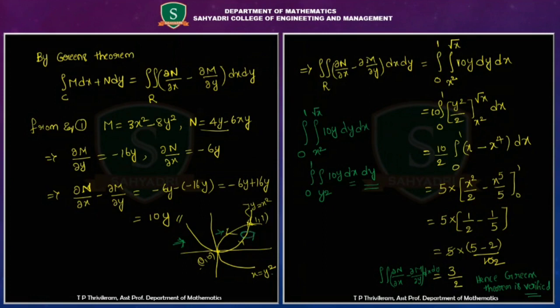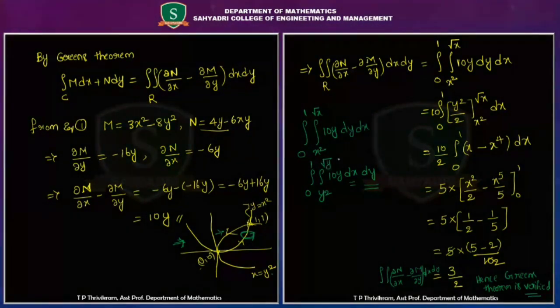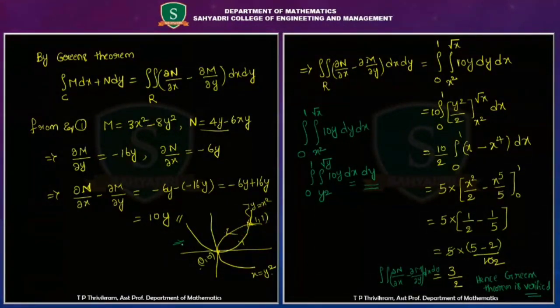This is ending at this curve. So what is this curve? y equal to x square. x in terms of y you have to write, so that means root y you will get. So whenever you are writing with respect to dx dy, then you have to write y square to root y. When you are writing dy dx, then the limits will be x square to root x. So if you want to check the answer, like this also you will get the same answer. If you want, you can verify.